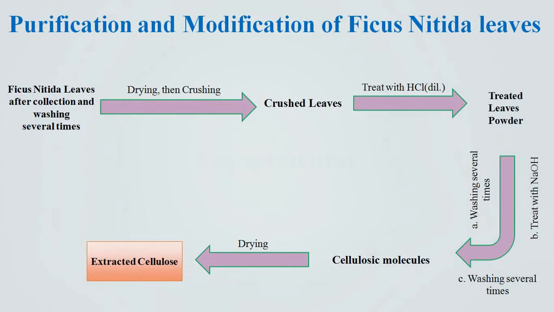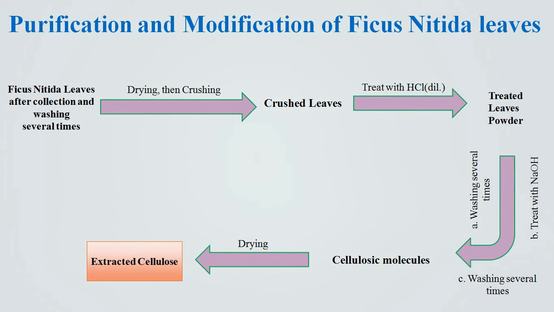Experimental section. First, purification and modification of ficus nitida leaves. After collection and washing several times with water, the leaves are dried and then crushed. Crushed leaves are treated with diluted HCl, and then treated leaves powder is produced.